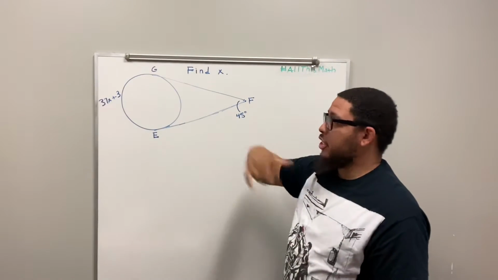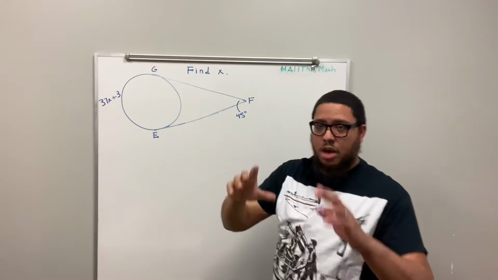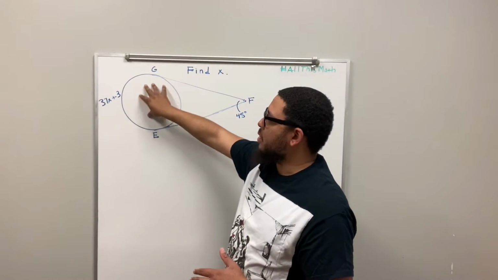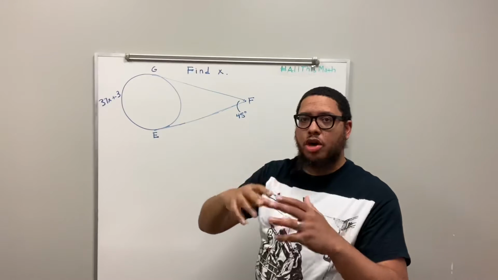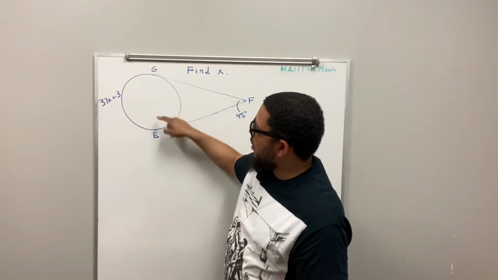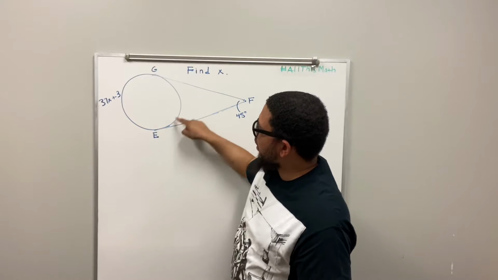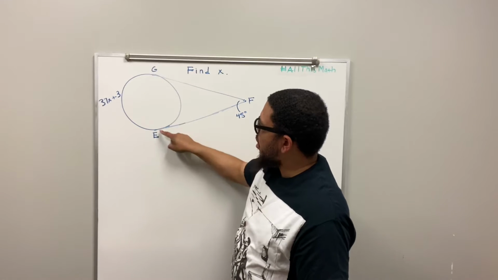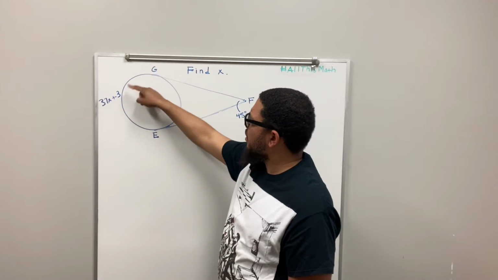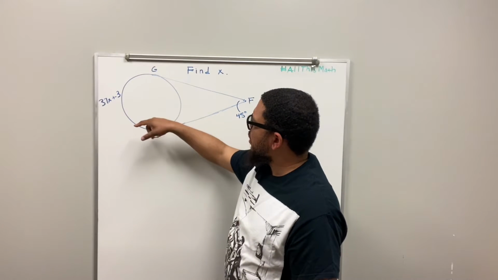I see arcs. Arcs are basically, if you imagine this circle was a pizza, a whole pizza, arcs are the pizza crust, the edge. So this would be arc EG from point E to point G. And then what would I call the other arc? That's interesting.